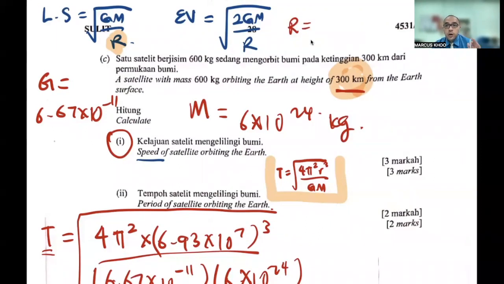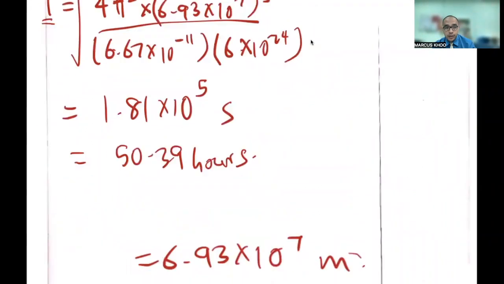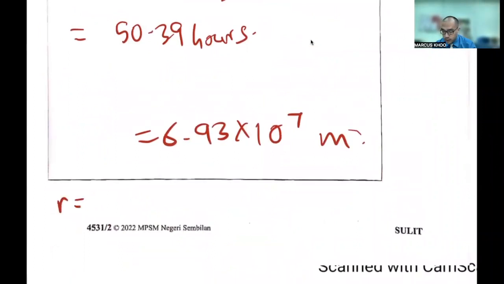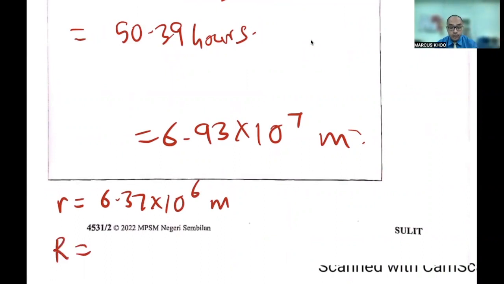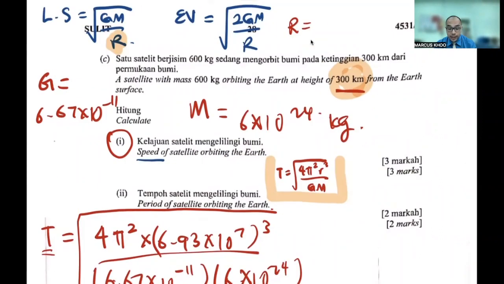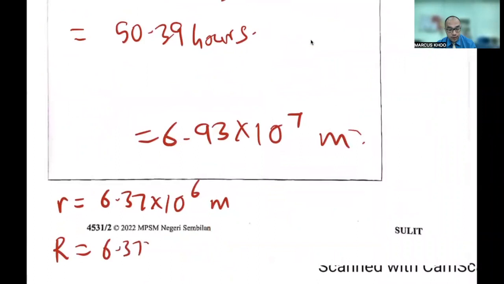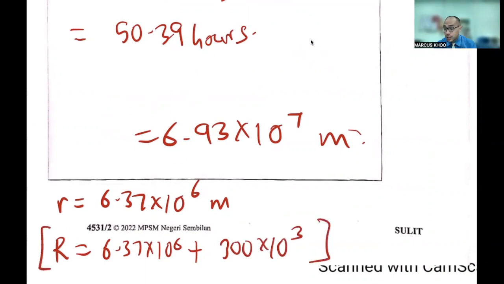Okay, the value of the radius of the Earth is equal to 6.37 times 10 to the power of 6 meters. Okay, so the r that we want, which is the distance from the center of the Earth to the satellite, is 6.37 times 10 to the power of 6 plus 300 times 10 to the power of 3. Okay, so this is something that you have to be careful about.